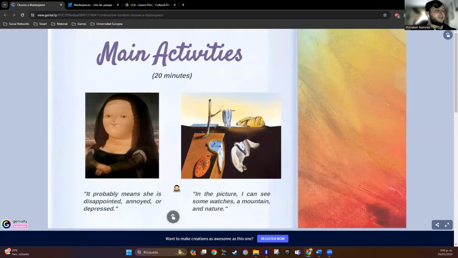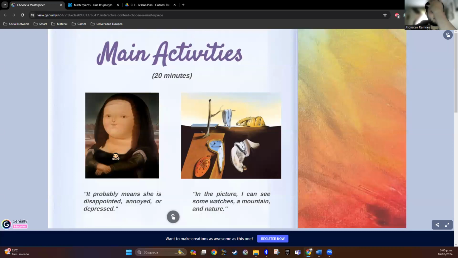In the second stage, the main activities, after doing the previous stage, students will have a gallery around the classroom with some famous paintings, and they will describe what they see in the pictures and what they could perceive in some of them. For example, if we are talking about the Gioconda made by Fernando Botero, the students could have different expressions, different opinions, okay?